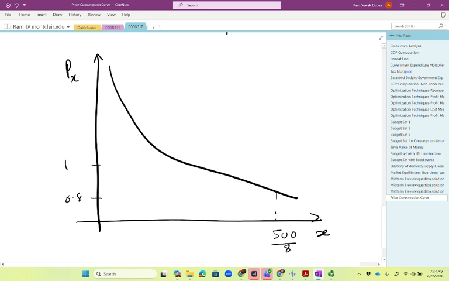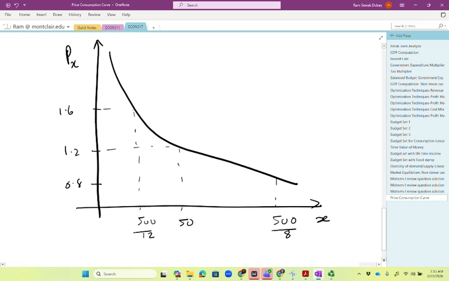The price goes to 1.2, the quantity I find is 50. At 1.6, the quantity is 500 over 12. And this shows us the downward sloping demand for good X.